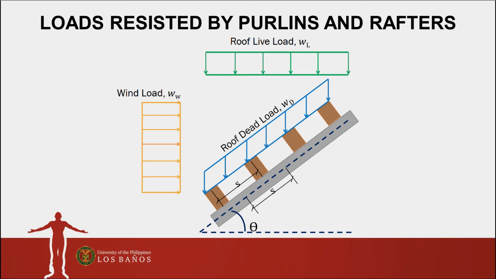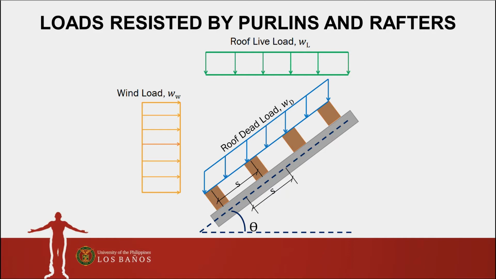For the roof dead load, the load is projected on the inclined length of the rafter, while the roof live load, on the other hand, is projected on the horizontal length of the rafter.